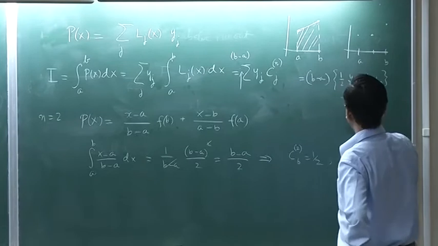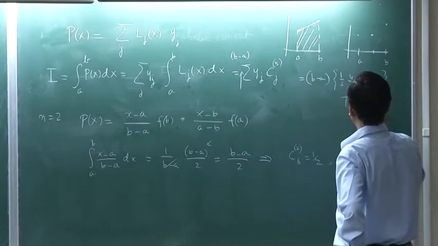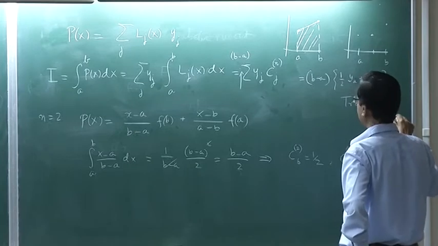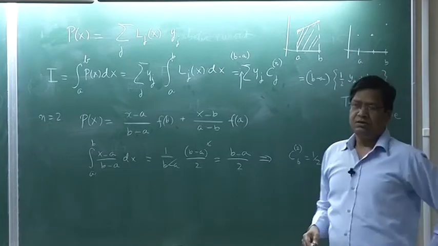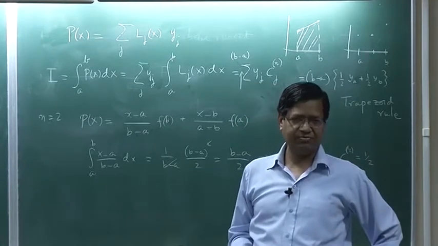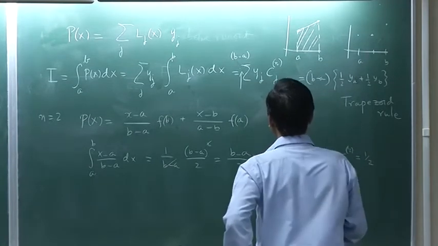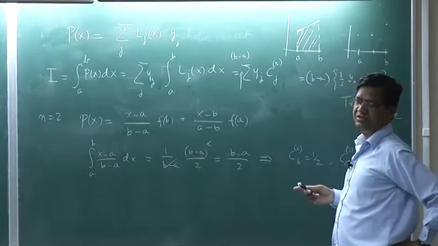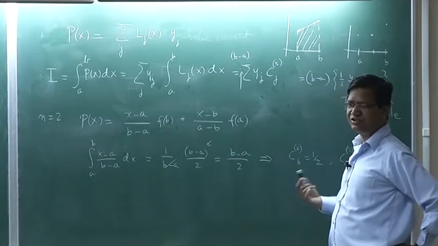So this is called the trapezoid rule. We can also do it for n equal to 3, that is the Simpson rule. So n equal to 3 has 3 coefficients and n equal to 4 has 4 coefficients and so on.